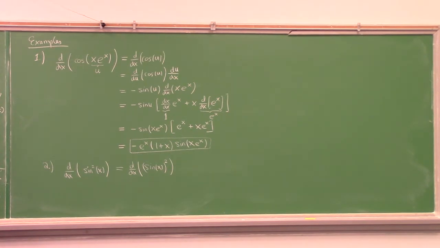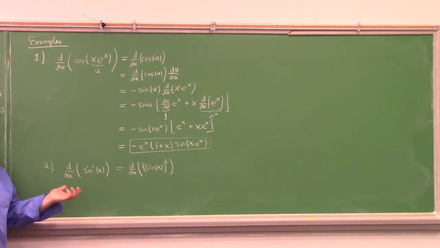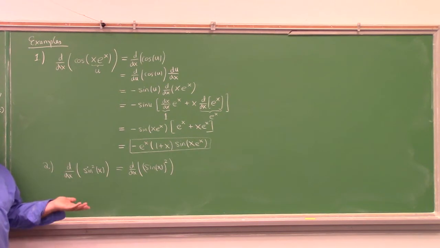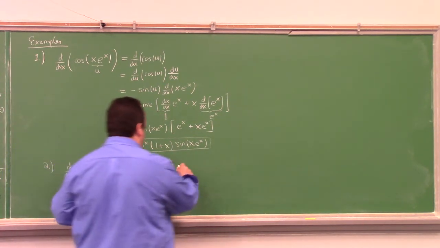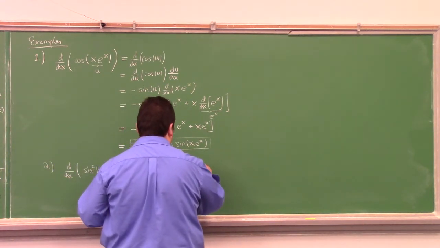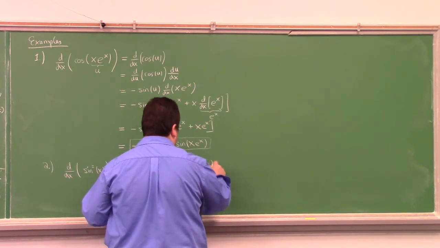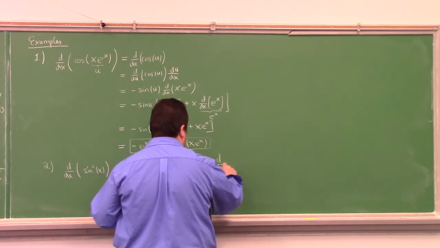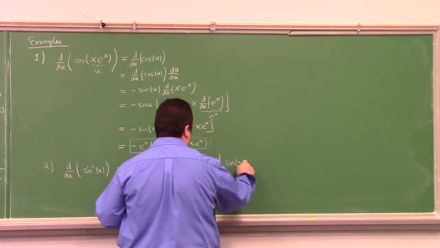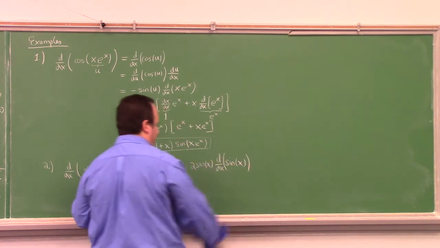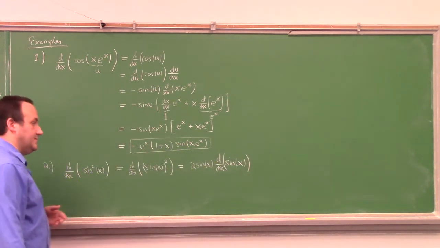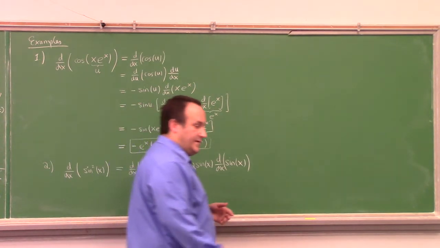The outside function is the square function. What's the derivative of the square function? It's 2 times whatever the thing is. So the chain rule here says 2 times the sine of x times the derivative with respect to x of sine x. So the answer is 2 sine x cosine x.